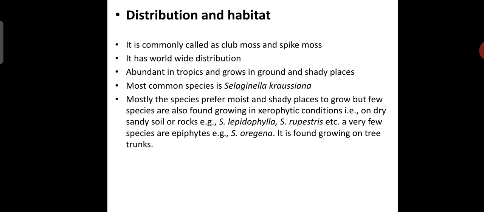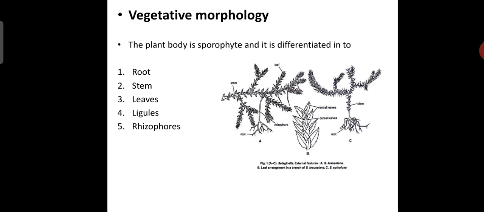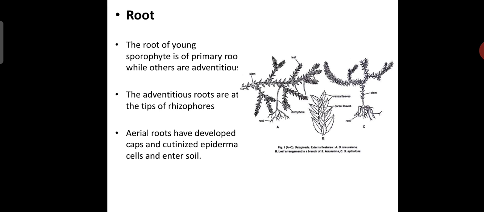A very few species are epiphytes, which grow on other plants. That's Selaginella oregana. It is found growing on tree trunks. Vegetative morphology, external characters: the plant body is sporophytic and differentiated into root, stem, leaves, ligules and rhizophores.